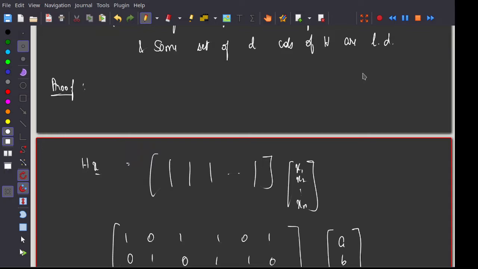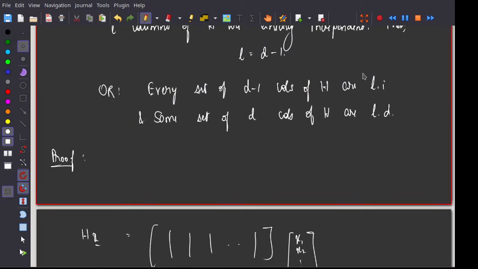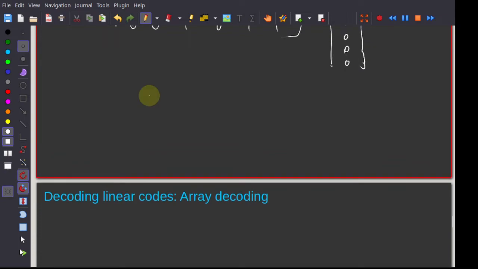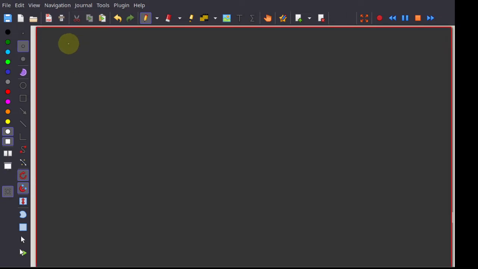So what does H times X equal to 0 imply? It's a valid code word, right?